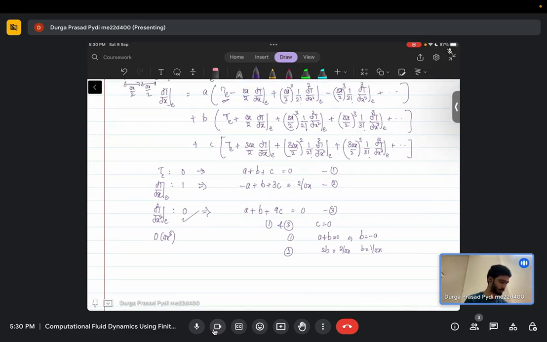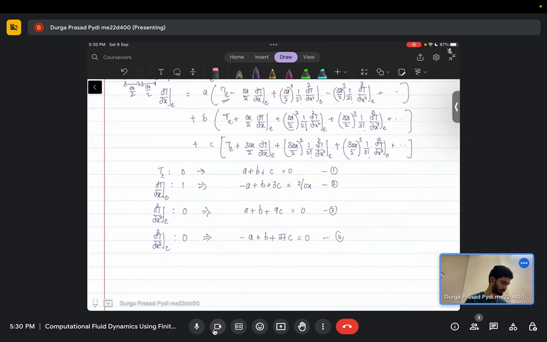Okay, then we will take one more term. So we have del cube T by del x cube on the east face. That coefficient should also be 0. So what will that give? So that has minus a plus b plus 27c equals 0.